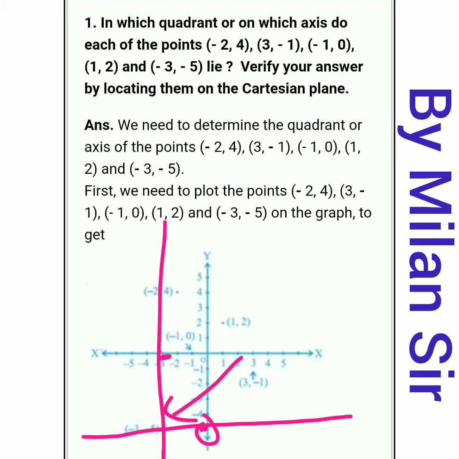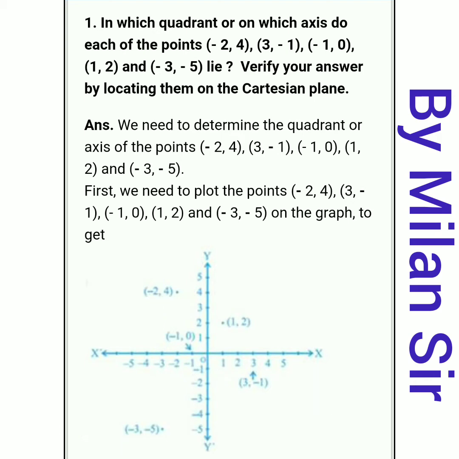It is our location of point -3, -5. Okay, so this is the third quadrant, so we can say that this point lies in the third quadrant. So in this way we can check in which quadrant, or on which axis, the following point lies.